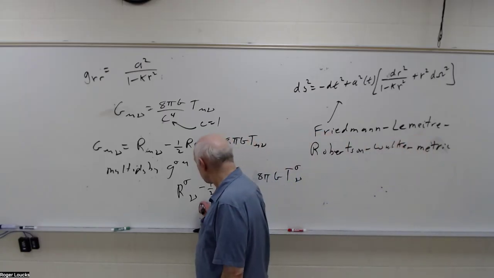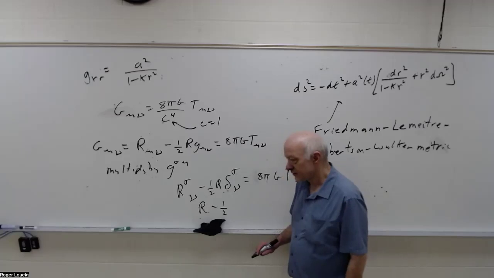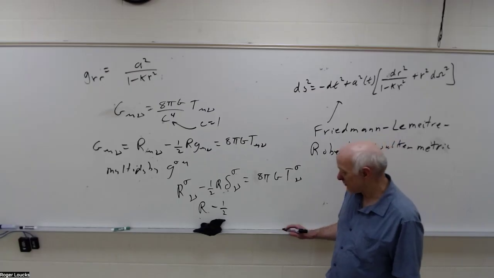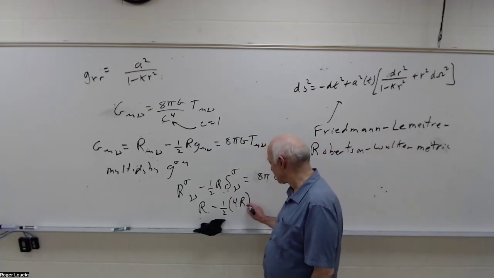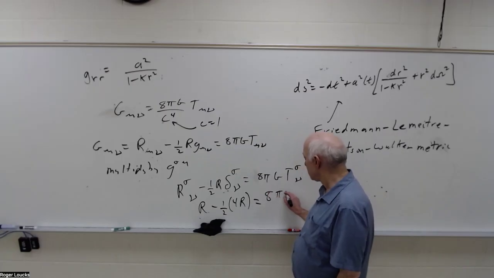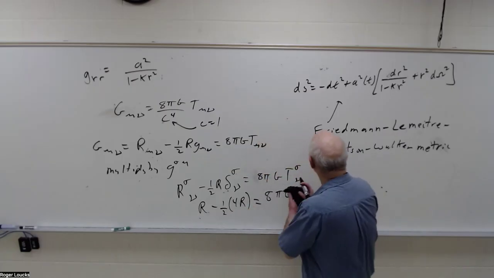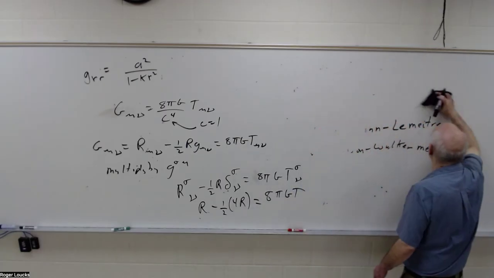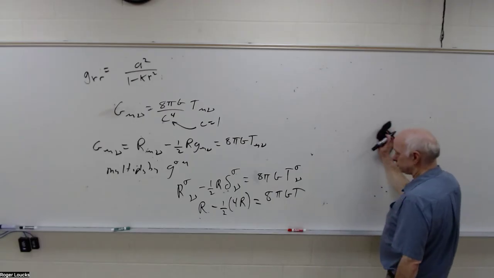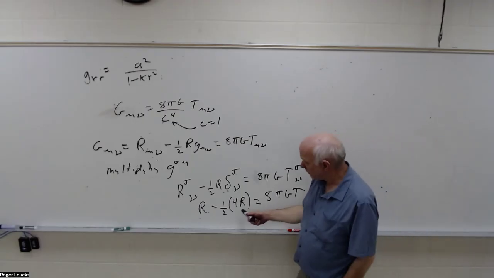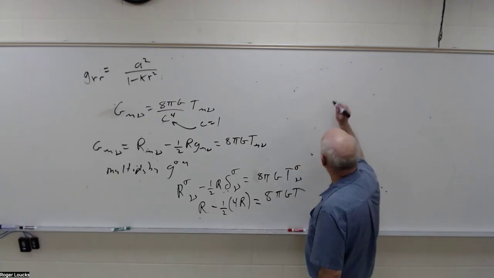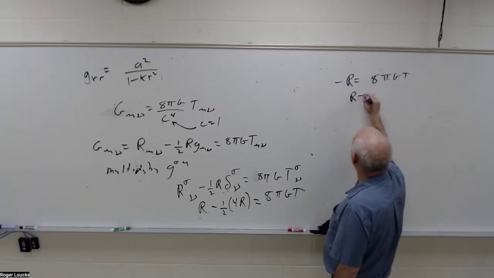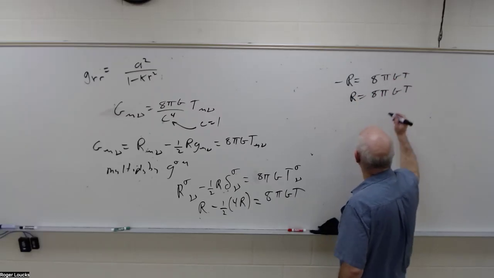So this gives us R minus 1/2 times 4R equals 8 pi G T. So this is minus 2R and R here, so minus R equals 8 pi G T, or R is minus 8 pi G T.